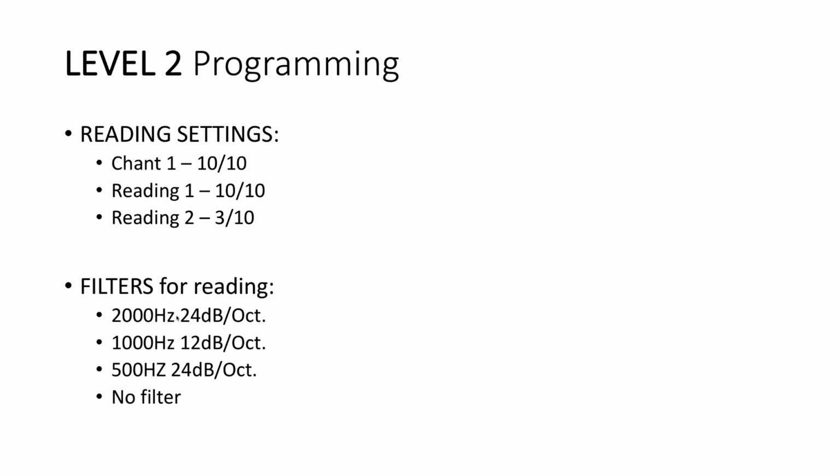So that's why we want to start with a filter at 2000. It's also a way of cutting the lower frequencies, so it works as an emotional buffer. We're going to cut the lower frequencies, which is also important because the voice brings a lot of emotions.